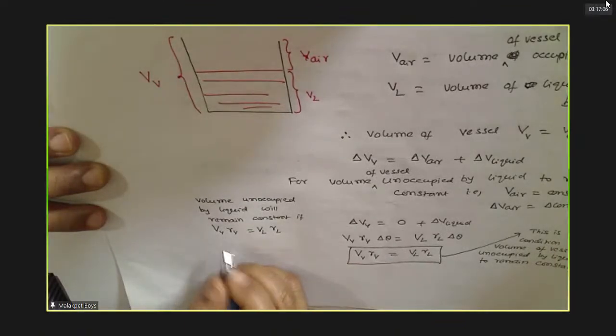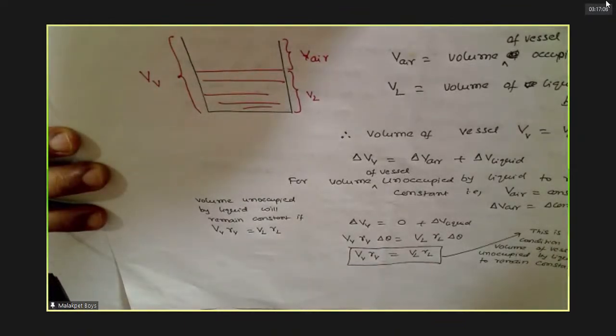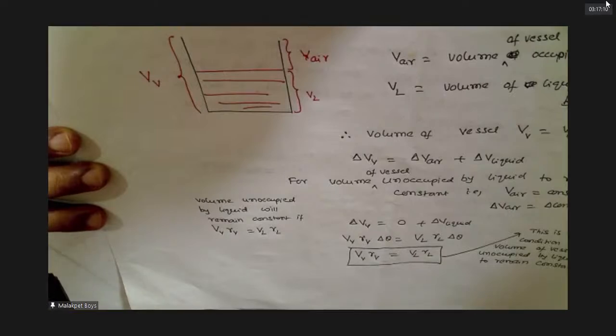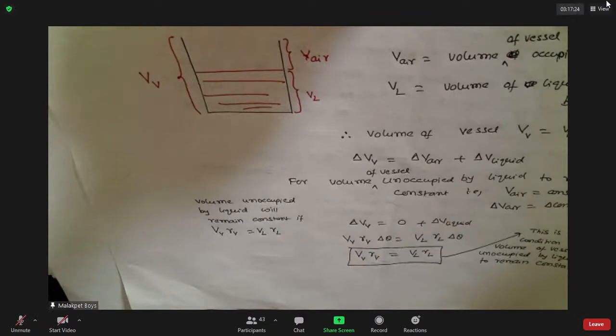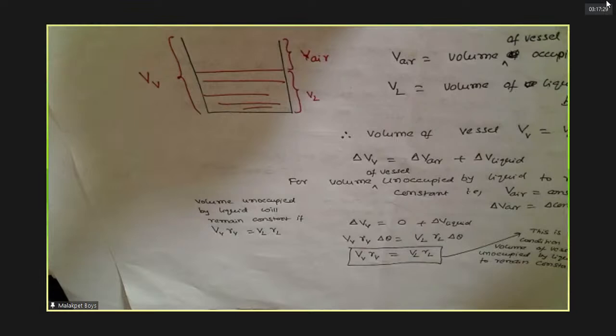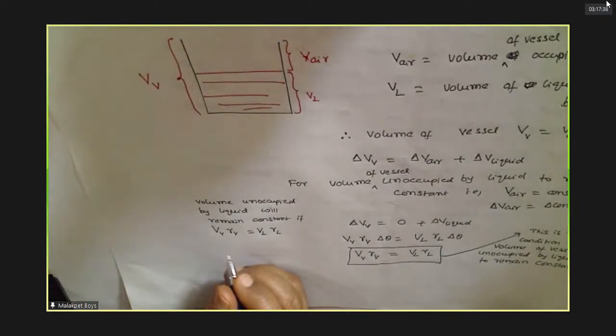So he gave this volume, no? 300 centimeter cube. This volume is how much? 300 cc.